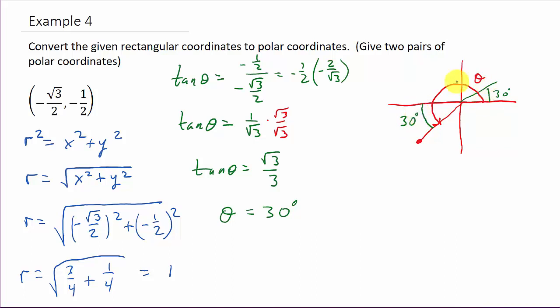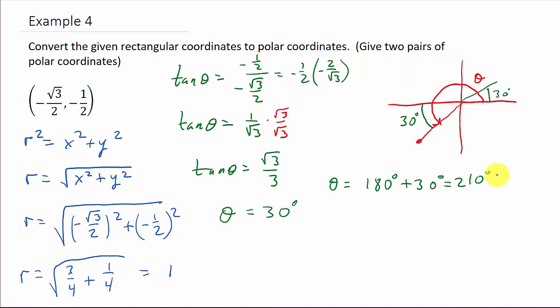Now we can find theta. Theta is going to be 180 plus this 30 degrees, which gives us 210 degrees.